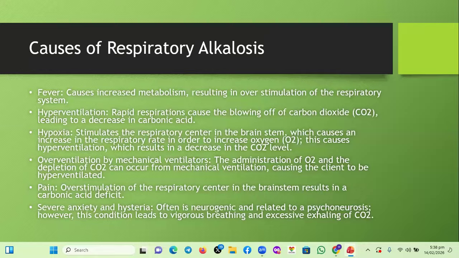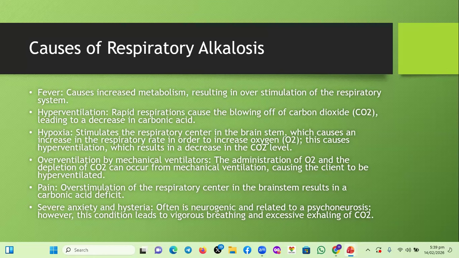We have hypoxia. When the body is depleted of adequate oxygen, the body will try to take in more oxygen from the environment. So you tend to have increased respiratory rates when one is having hypoxia.